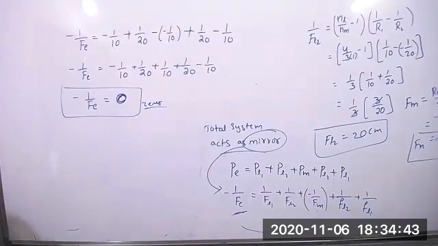Minus 1 by F equal to 0. Correct, ma. Answer is correct. 0 only you will get.